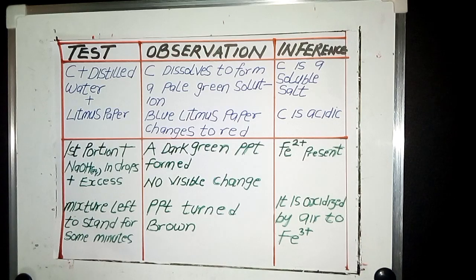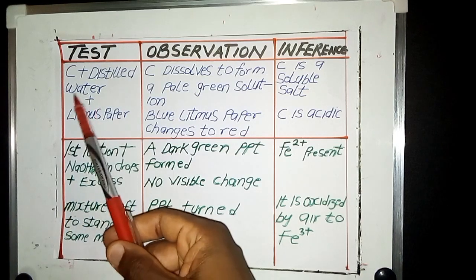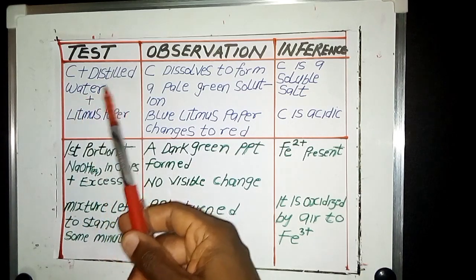Most times the first step will be you should add a certain quantity of water, maybe 5 ml or 10 ml of distilled water, to the salt. Then you record the observation and inference.